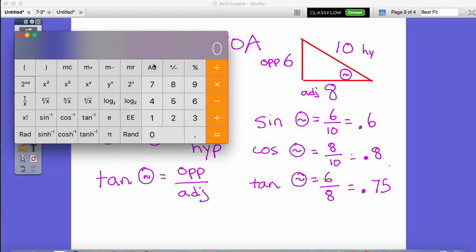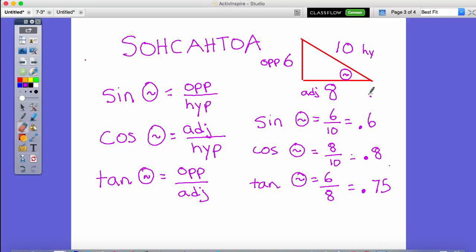Remember, I showed you guys in class when I was in school, you had to look these up in a trig table. So this is all going to stay on the second. So if I have 0.6 as my sine ratio, I don't need to press the second because on the computer I'm on it. Inverse sine, I get 36.869. So I'm going to round it to 36.87.